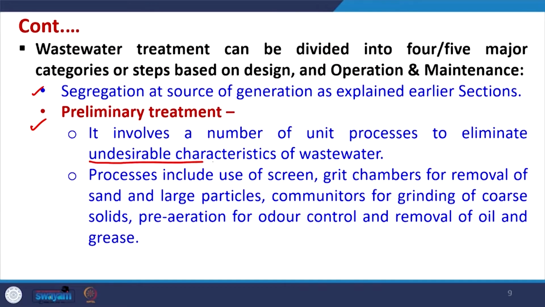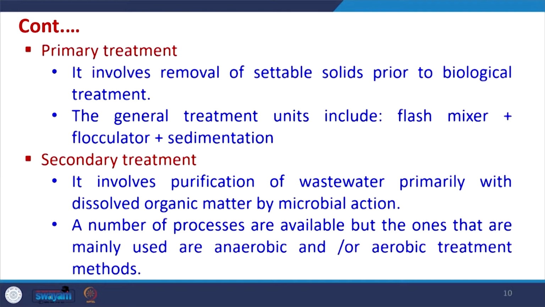It involves a number of unit processes to eliminate undesirable characteristics of the wastewater. Processes may include screens and grit chambers for removal of sand and large particles, then comminutors for grinding the coarse solids, pre-aeration for odor removal, and also removal of oil and grease. So, all these options are there.